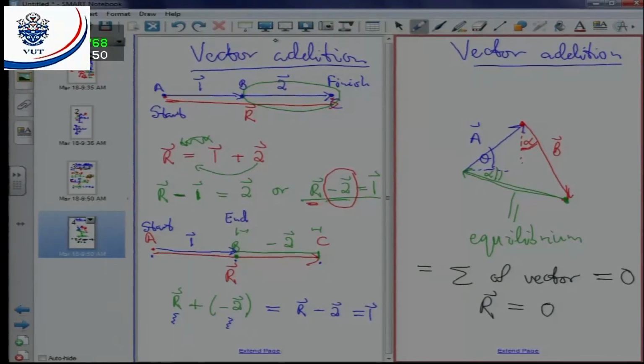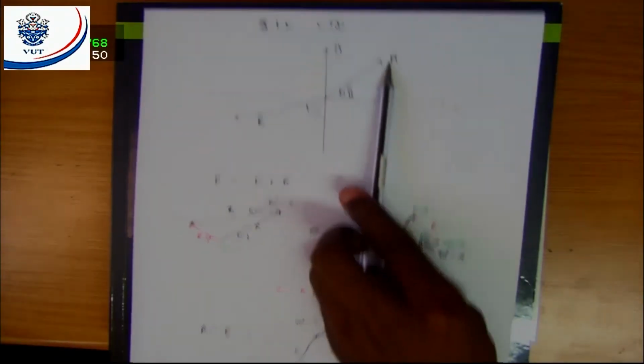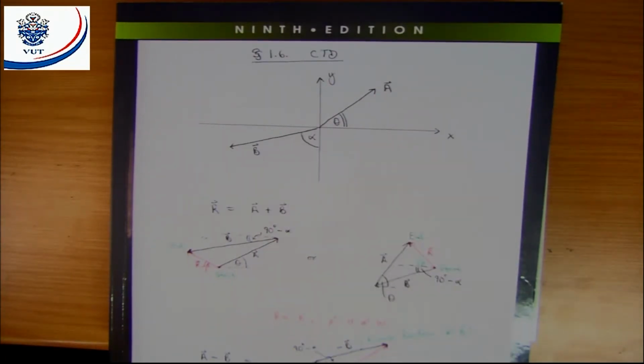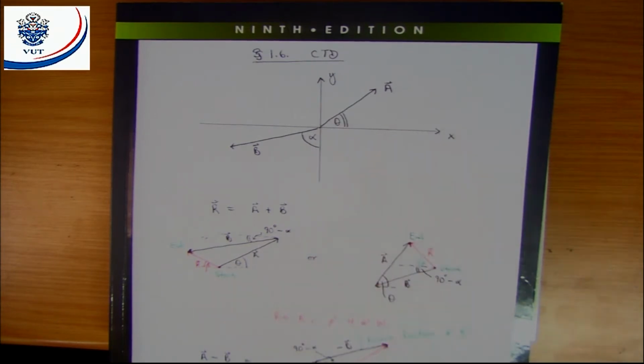Another example is where we have some vector A, and A is drawn in that direction. So it forms an angle of theta with respect to the positive x-axis.